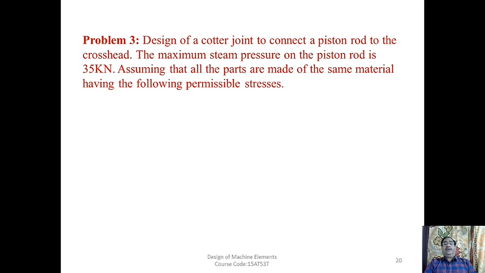Design of a quarter joint to connect a piston rod to the crosshead. The maximum steam pressure on the piston rod is 35 kilonewton. Assuming that all the parts are made of the same material having the following permissible stresses, that is, sigma T is equal to 50 megapascal, tau is equal to 60 megapascal, and sigma C is equal to 90 megapascal.